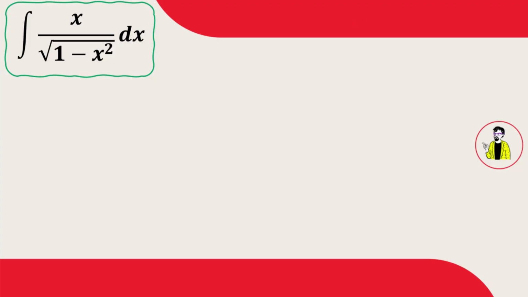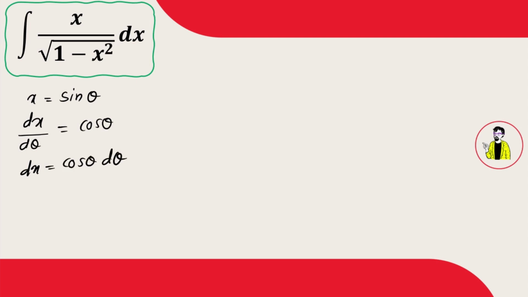Our next method is also a substitution, but here we use x as sine theta. So differentiate dx by d theta, you get cos theta, so dx equals cos theta d theta.